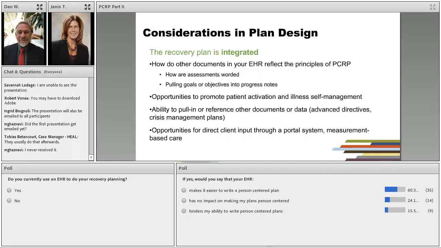My experience is the more you can pull things together in one place, the more likely they are to be used. In the early days of building recovery plans, they used to have this separate recovery plan outside of the treatment plan that was more peripheral. Maybe one person was working on that. It wasn't the big plan. We're talking about wherever possible, you integrate.